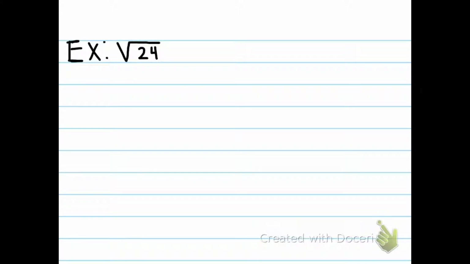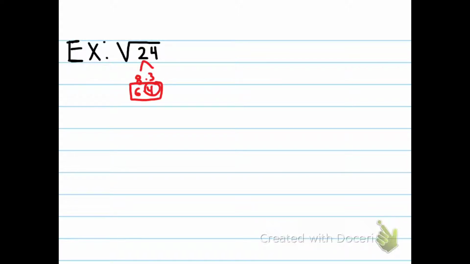So what you need to do is find factors of 24 that contain at least one perfect square. When we start listing the factors, there are 8 times 3 and 6 times 4. Now 6 times 4 has a 4, and the square root of 4 is 2. So that's a perfect square, so we're going to use this.